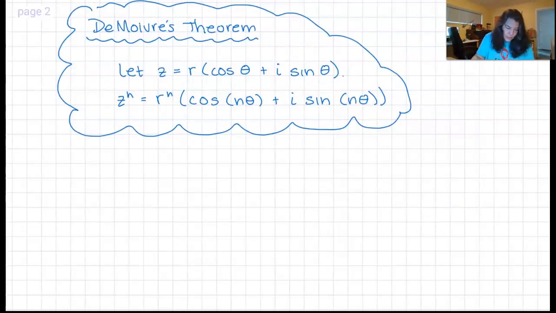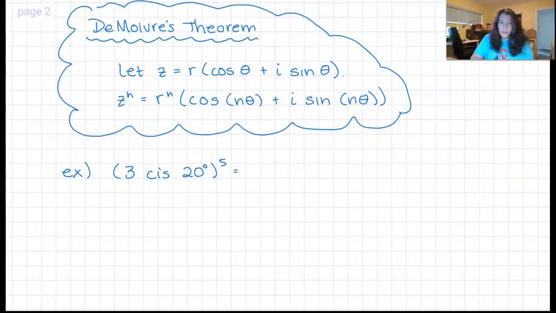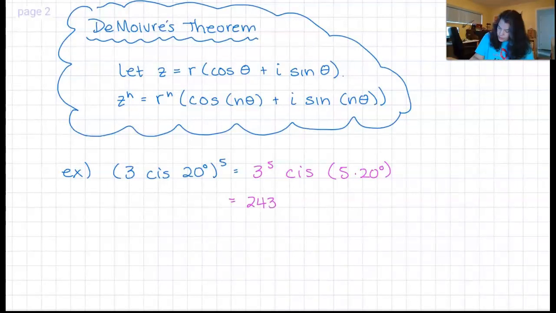Very quick examples. So if we do 3 cis 20 degrees to the 5th power, think about what that would be. Pause the video again if you want. And it's just going to be 3 to the 5th cis 5 times 20 degrees, which will be 243 cis 100 degrees. And you can leave your answer like that.